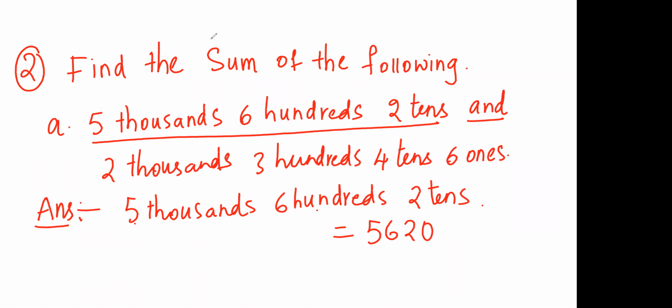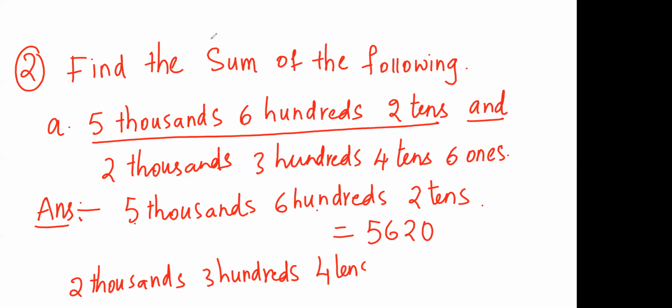Next, coming to the next one. 2,000s, 3 hundreds, 4 tens, 6 ones. How can we write this?